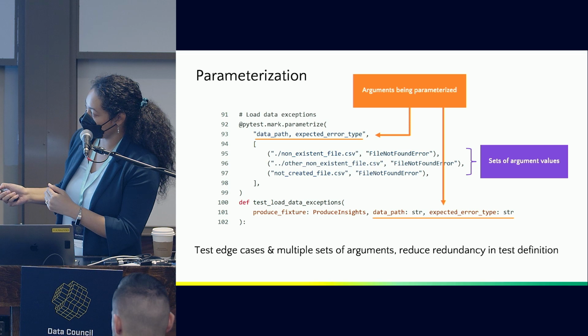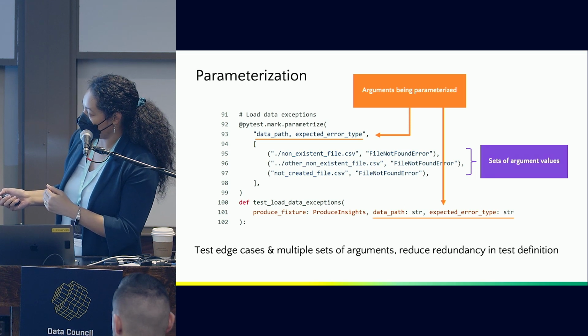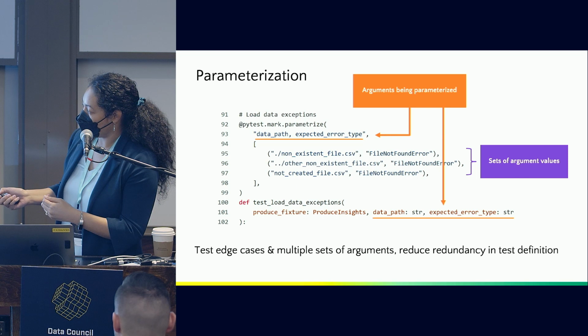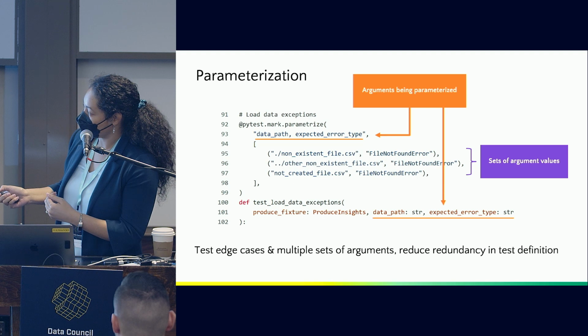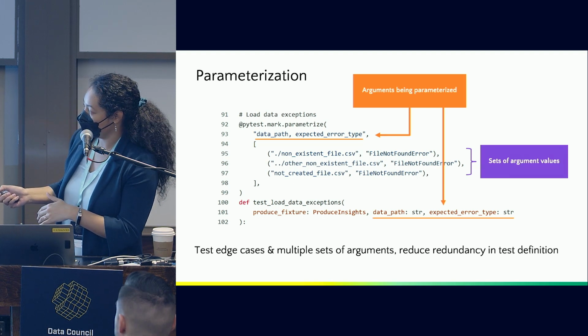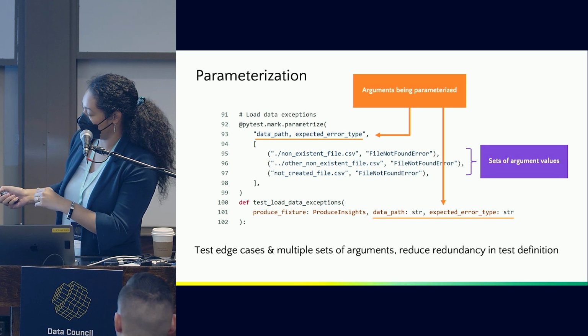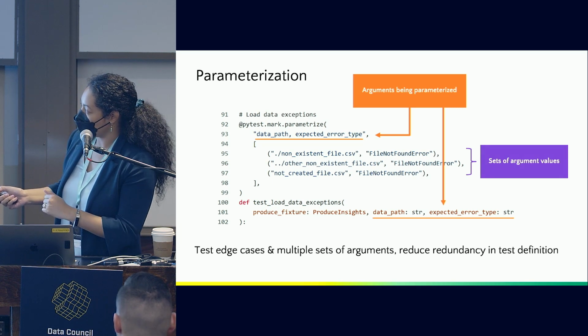We are loading in the data path, and also the expected error type, since we're testing exceptions in this case. For load data, we need the path as something that goes into the function itself. And we can see that we're passing in 3 sets of input. First, we have some non-existent CSV file, another non-existent CSV file, et cetera, since we're testing exceptions.